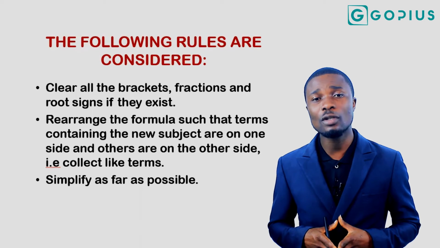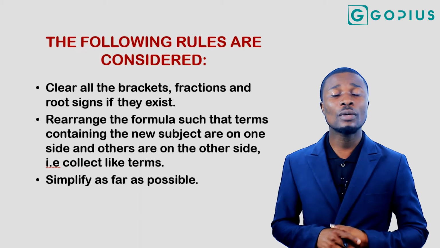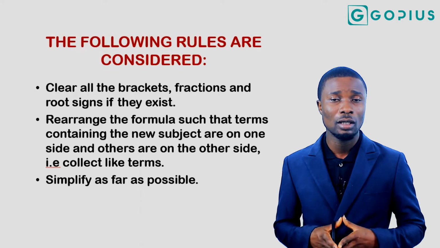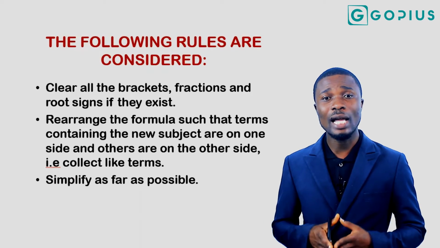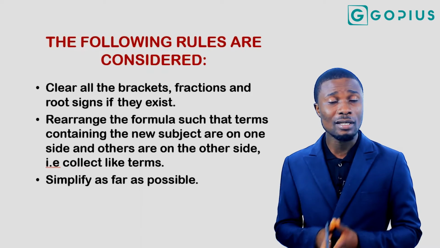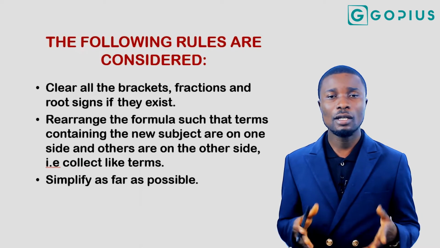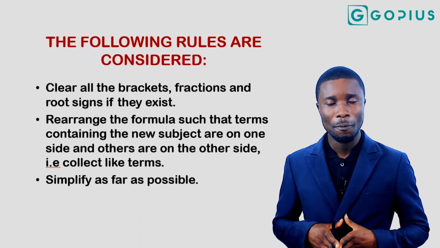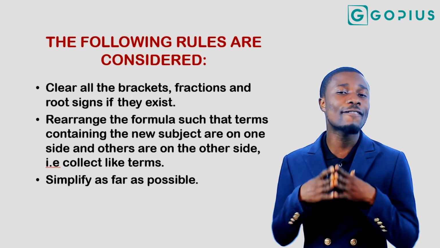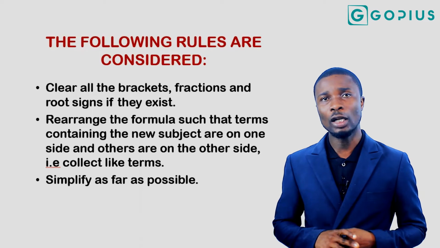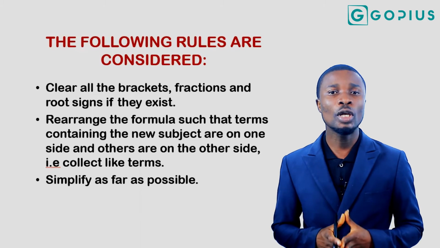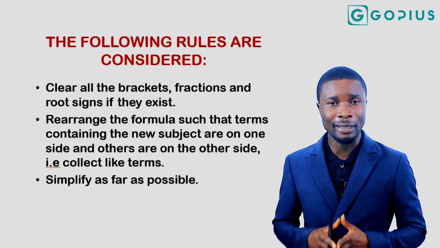Now the second rule, as you can see on the screen, is for you to rearrange the formula you have such that the terms containing the new subject are on one side and the other terms are on the other side. This is what we call collecting like terms. After you finish clearing all the fractions, the root signs, and the brackets, you need to collect like terms.